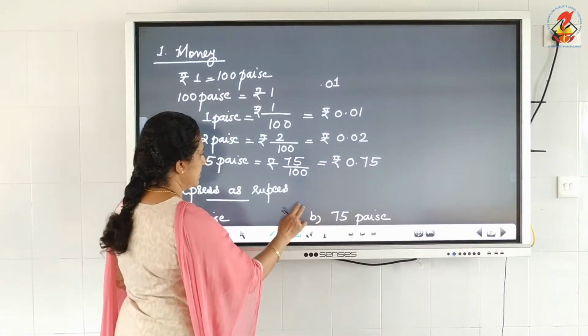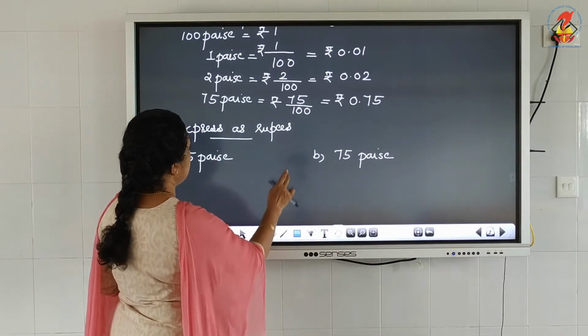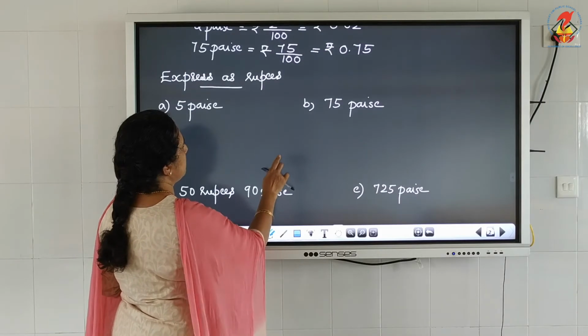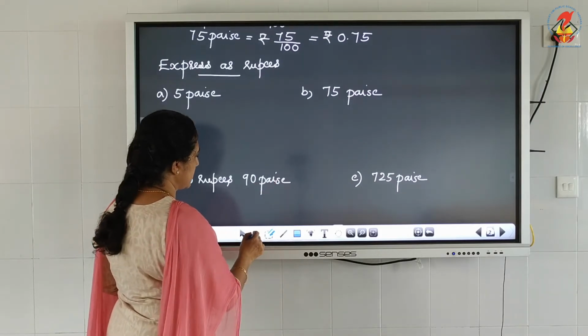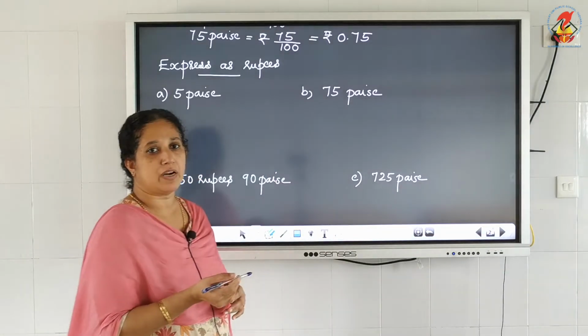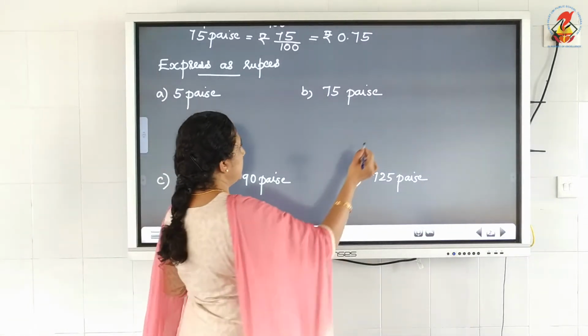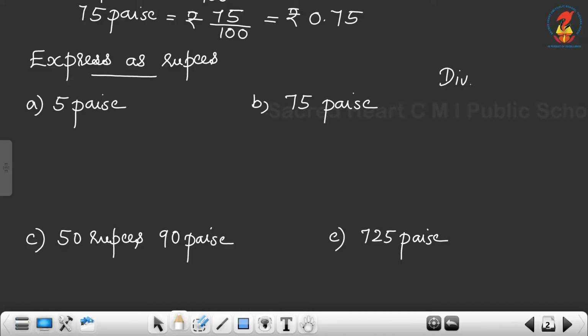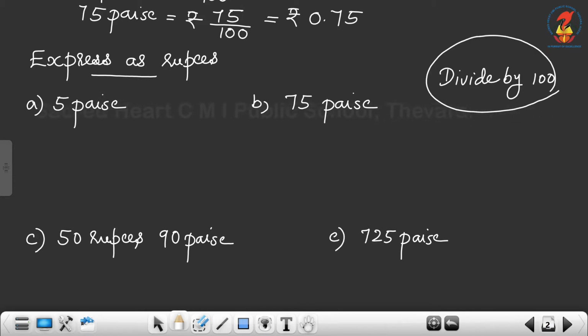Now we can consider these questions. Express as rupees. The amount is given in terms of paise, so what do we have to do? You have to divide by 100. Now 5 paise means 5 by 100.